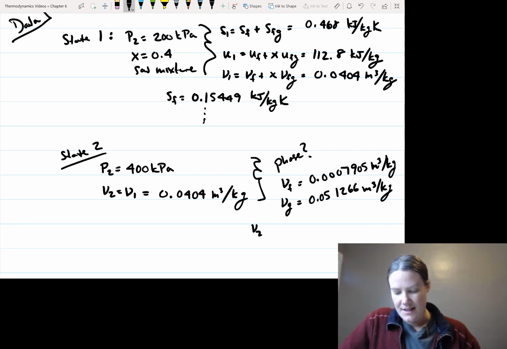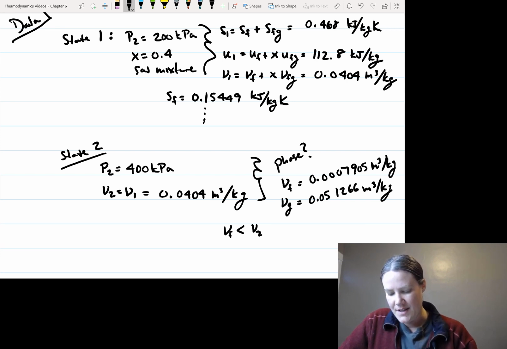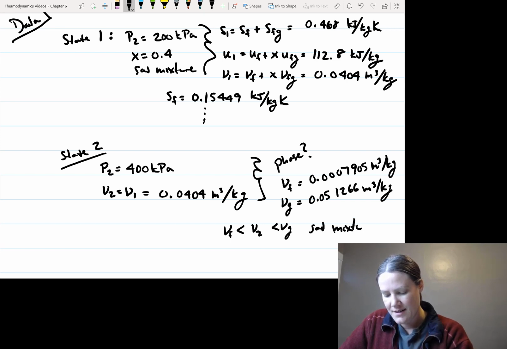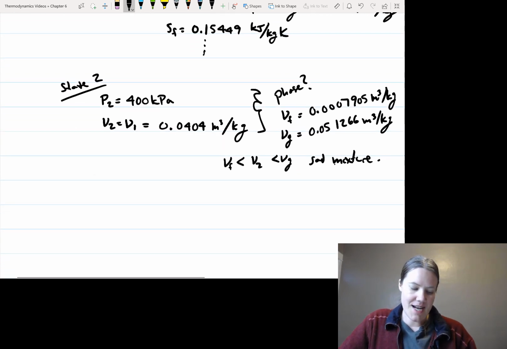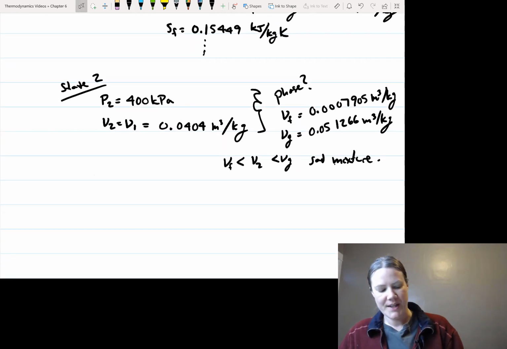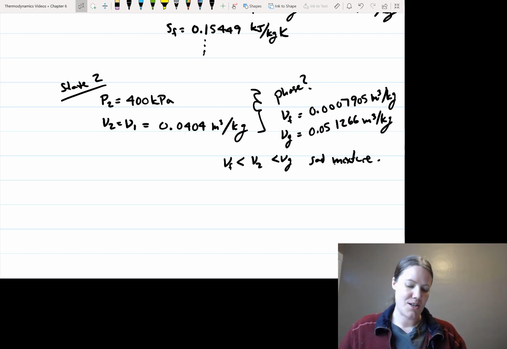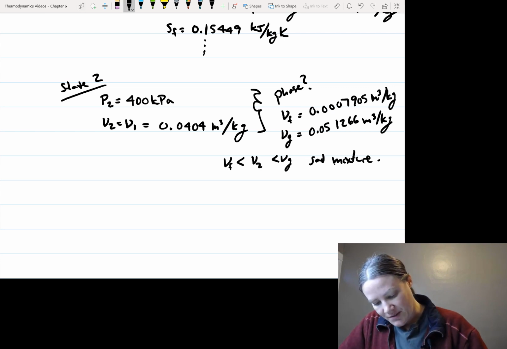V2 is greater than VF, but it's less than VG, which means that we have a saturated mixture. That adds not a huge complication, but just makes it a little bit longer to find our properties, because we need to calculate the quality first.